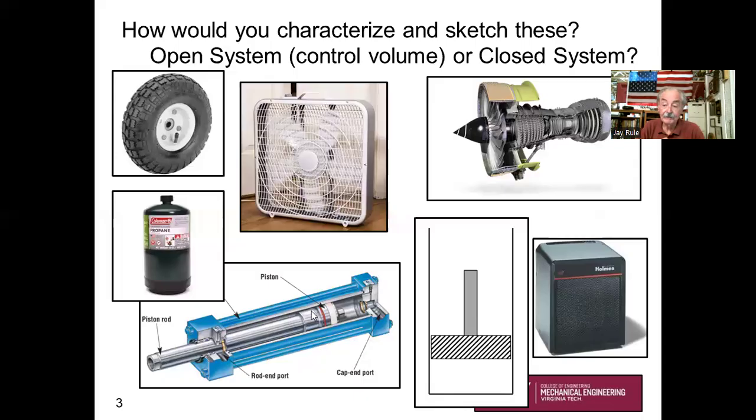Here's an industrial or a commercial pneumatic cylinder where the piston rod is sliding back and forth depending on the pressure and amount of air that's contained within the cylinder. Here's a gas turbine engine. Here's a hand-drawn sketch of a classic piston and cylinder. And here's a space heater that I use in the basement.